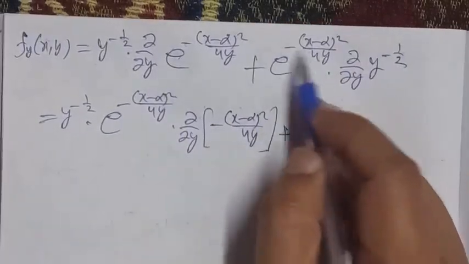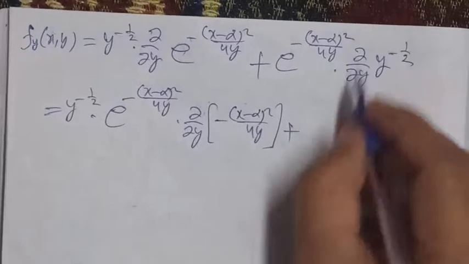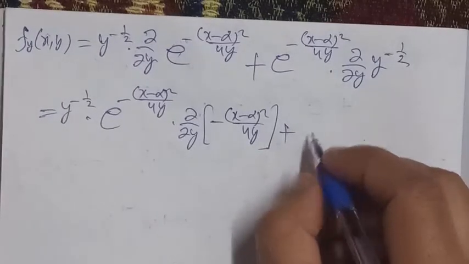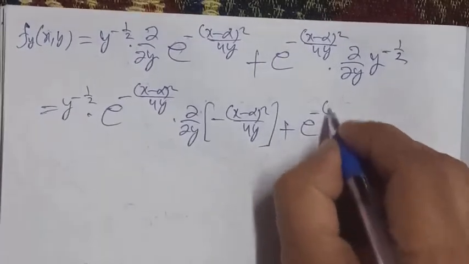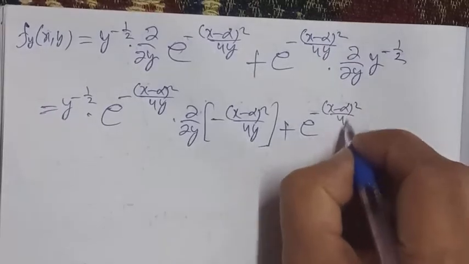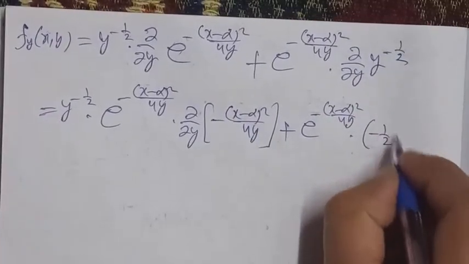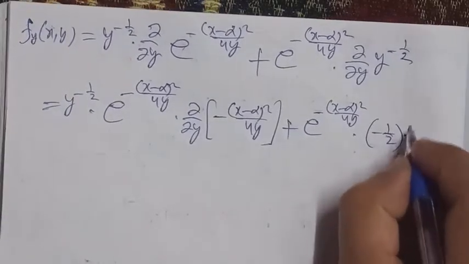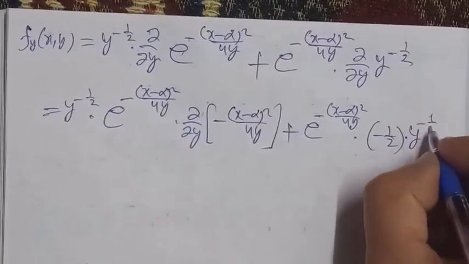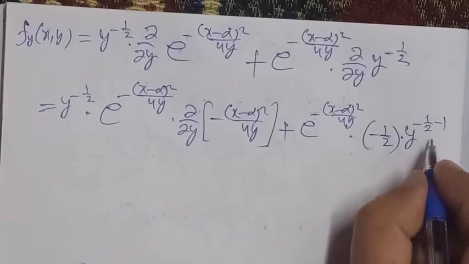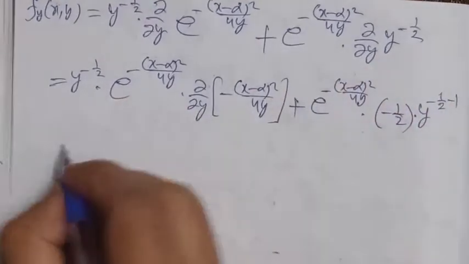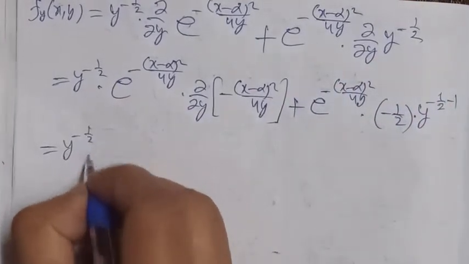Write it now, and then differentiate this value, e to the power minus (x minus alpha) whole square upon 4y. On differentiating this value, this power comes here, and this power becomes minus 1 by 2 minus 1, according to the formula, equal to y to the power minus 3 by 2.